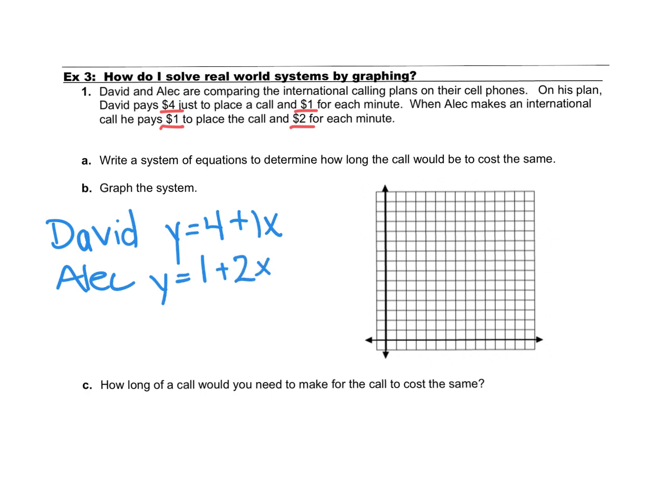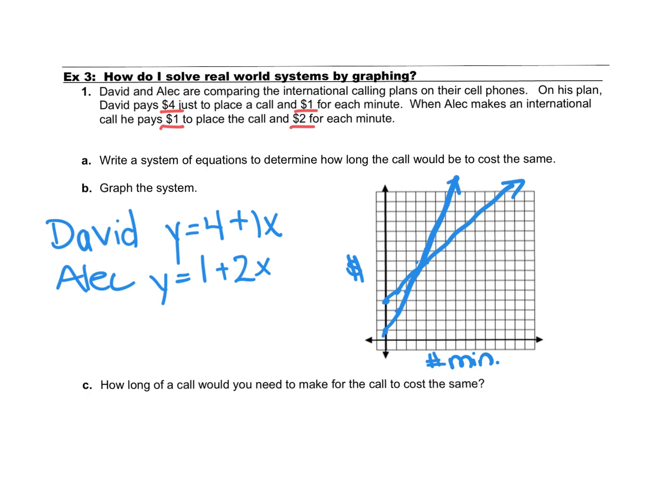So for David, we're going to start on the 4 and go up 1 each time. And so then we'll have this straight line going like this. Where Alec is going to just pay the $1, but then he'll pay $2. And so notice how then we'll go up like this. And remember, these are the number of minutes, where this is the cost.